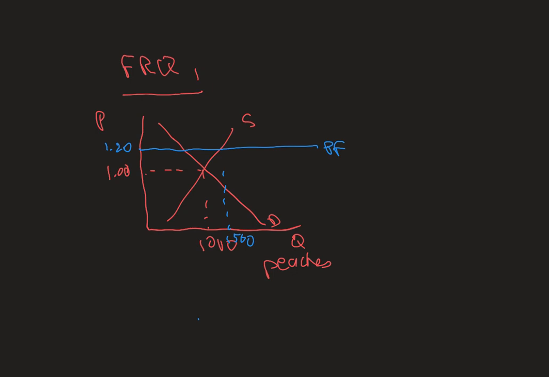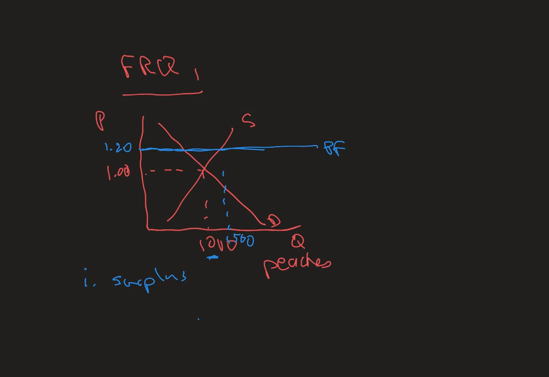So the first question we get, will the price floor result in a shortage or a surplus? So for 1I, we know that there's going to be a surplus. Why will there be a surplus? Because at this price of $1.20, we are no longer allocatively efficient. The allocatively efficient quantity for this market is 1,000.